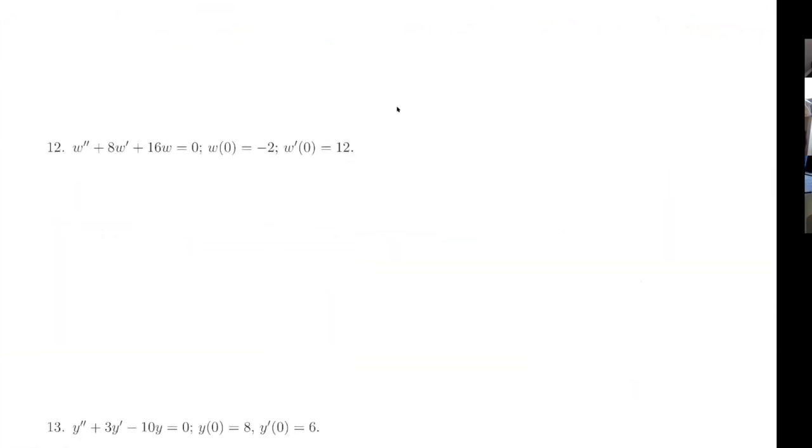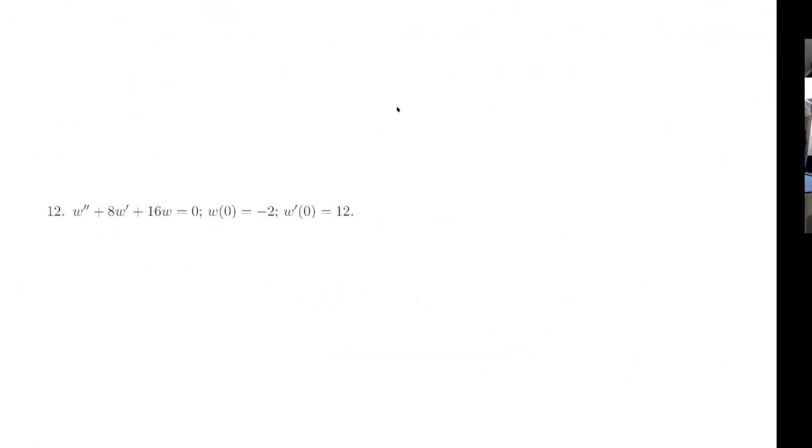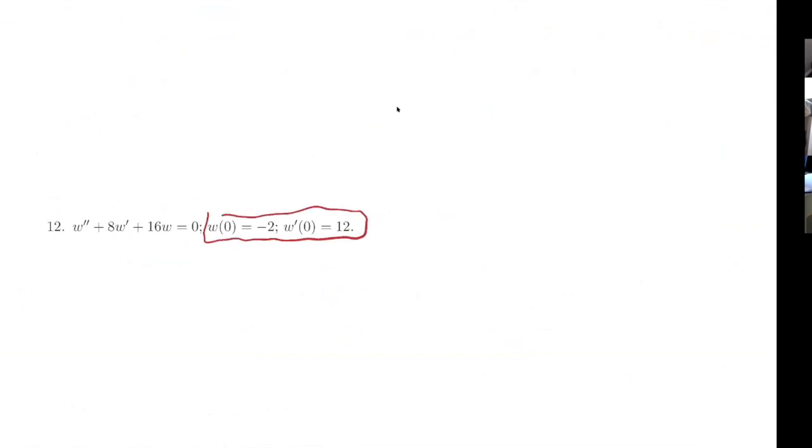The last 2 are actually solving initial value problems. One thing to note: when we're working with initial value problems for second order differential equations, you have 2 bits of information. We're not just given the initial position, but the initial position and the initial velocity.